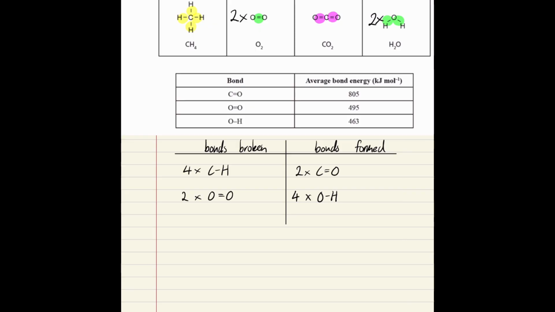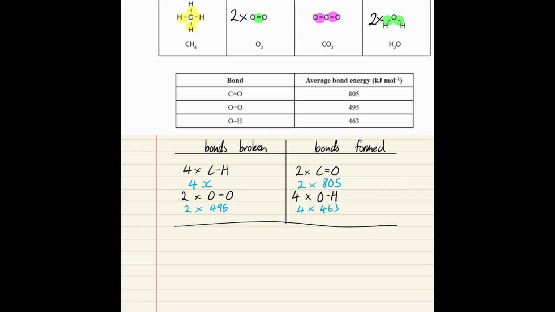Right, let's substitute in my values now. You can keep this as is, or some people like to make it x, like you do in algebra. So 4x is going to be our C to H bond. And then double bonded O's is 2 times 495. 2 times C double bond O's 805. And 4 times 463. Exactly the same thing.